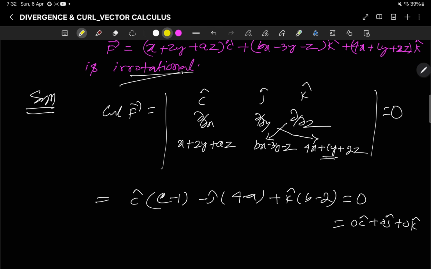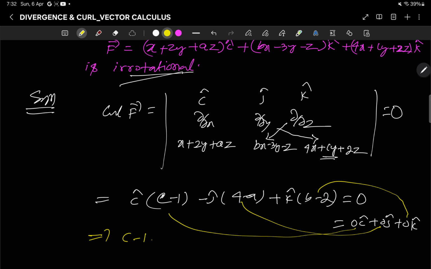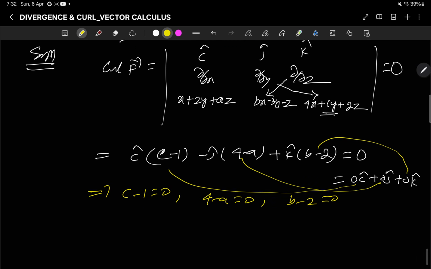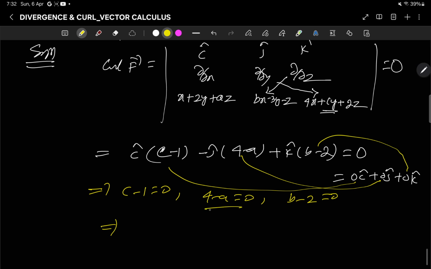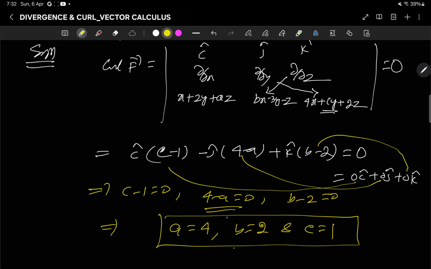So component-wise I will compare the i, j and k components. This implies c minus 1 equals 0, 4 minus a equals 0, b minus 2 equals 0. So that means a is equal to 4, b is equal to 2 and c is equal to 1. In that way we will find.